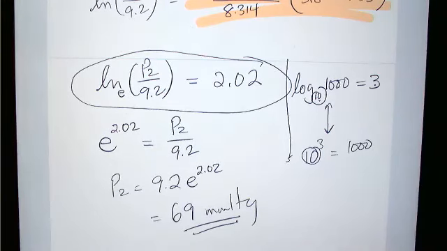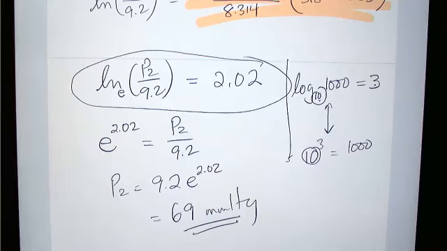You should get an answer similar. You remember when I estimated it a minute ago, I said it'll be around 70 just by looking at it. Then I got 69. That's pretty good. Maybe you get 68, maybe you get 71, right? But something close to 70 or 69 is what you should get.